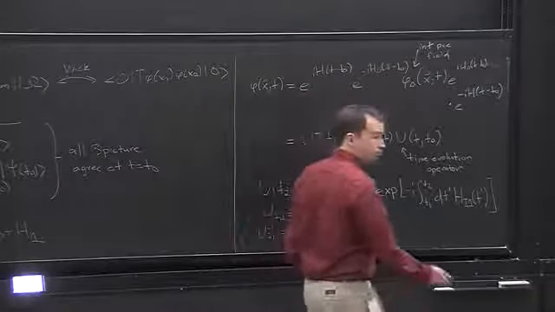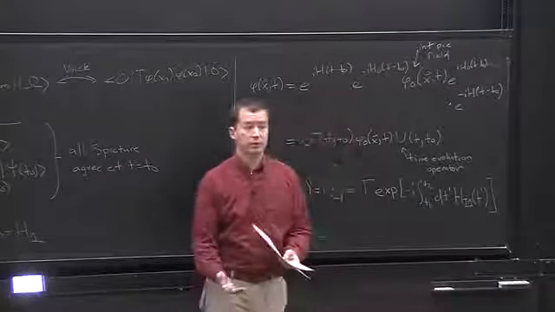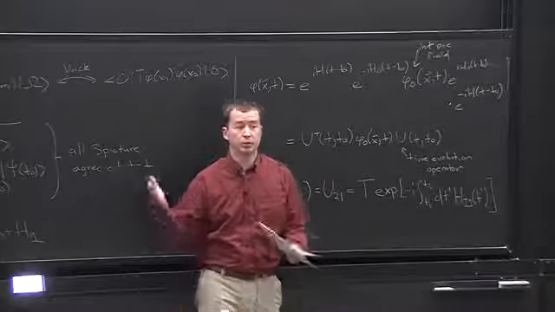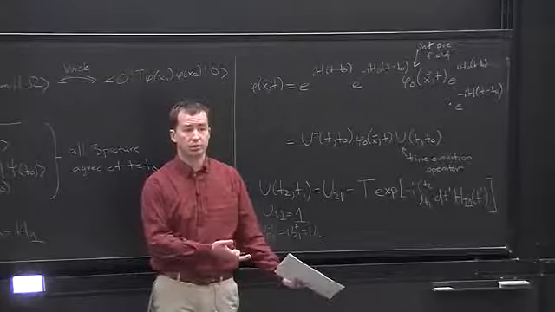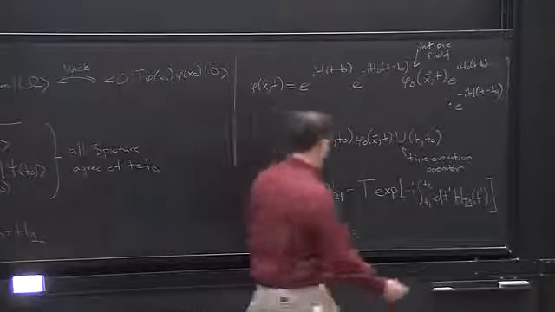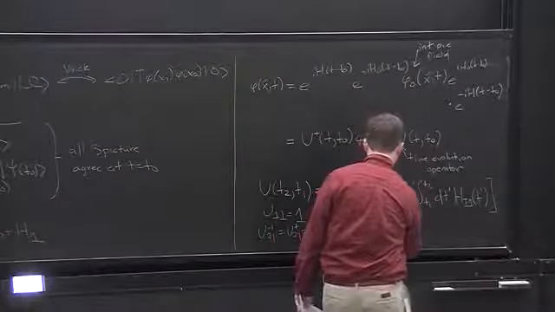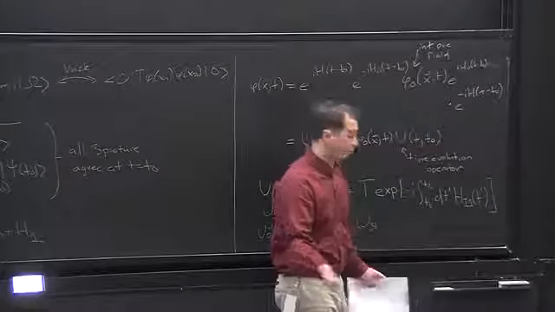And of course, we expect the time evolution operator to obey a composition property. If we evolve from time t1 to time t2, and then from time t2 to time t3, that should be the same as evolving from time 1 to 3 directly.